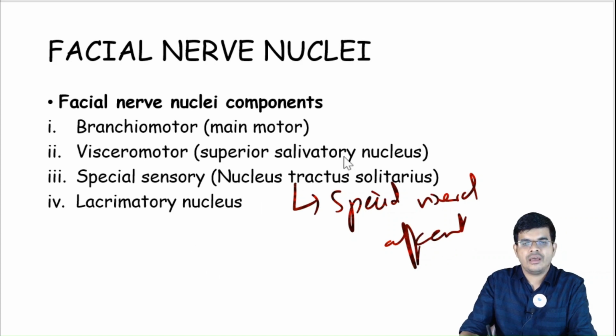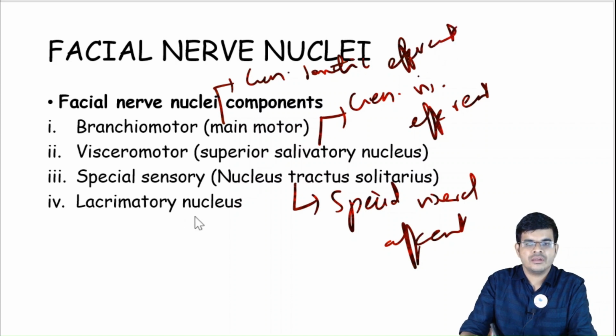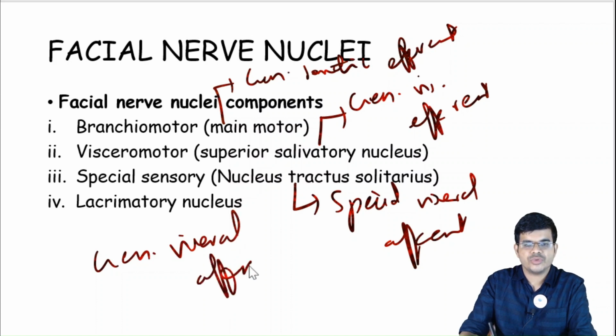And from the superior salivatory nucleus you have the general visceral efferent. Here you have the general somatic efferent. And the general visceral afferent nerve fibers deal with the normal sensation.